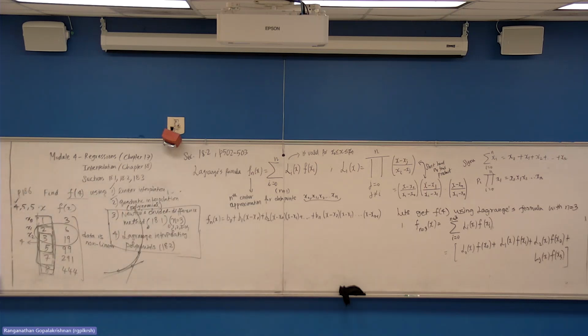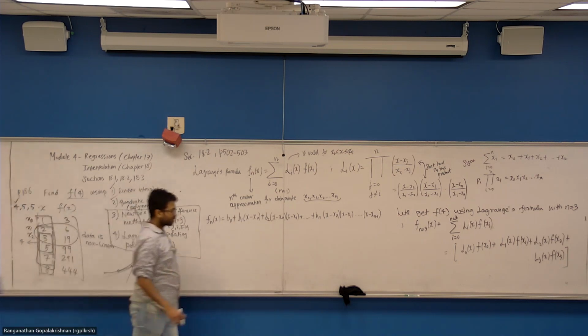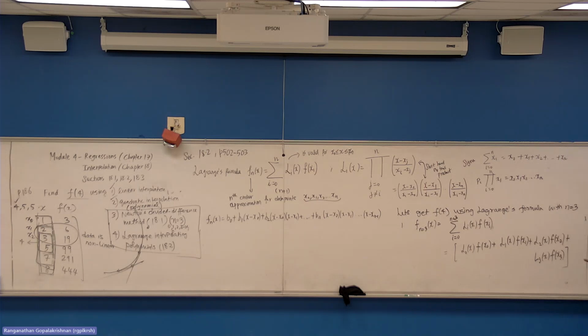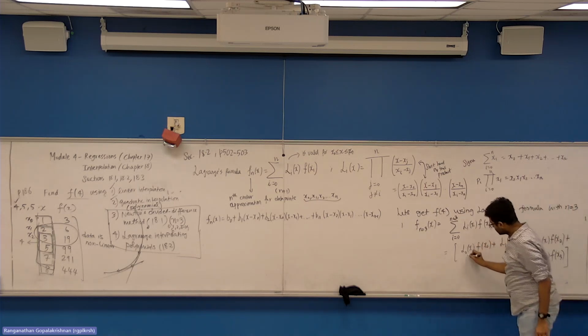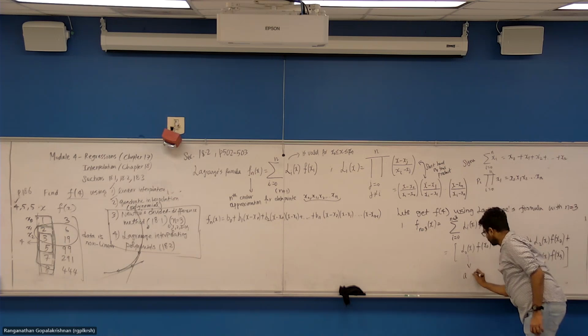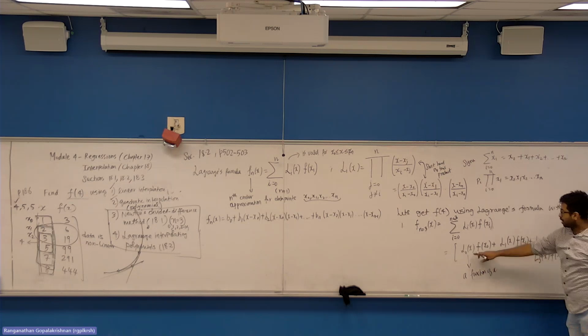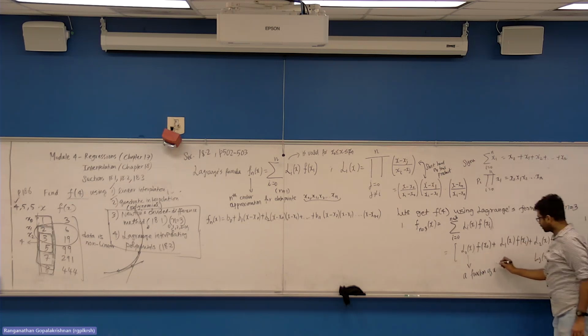Before you proceed, once you're done writing, pay attention to one fact. This is a function of x. L0 of x, L1 of x, L2 of x, L3 of x are all functions of x.